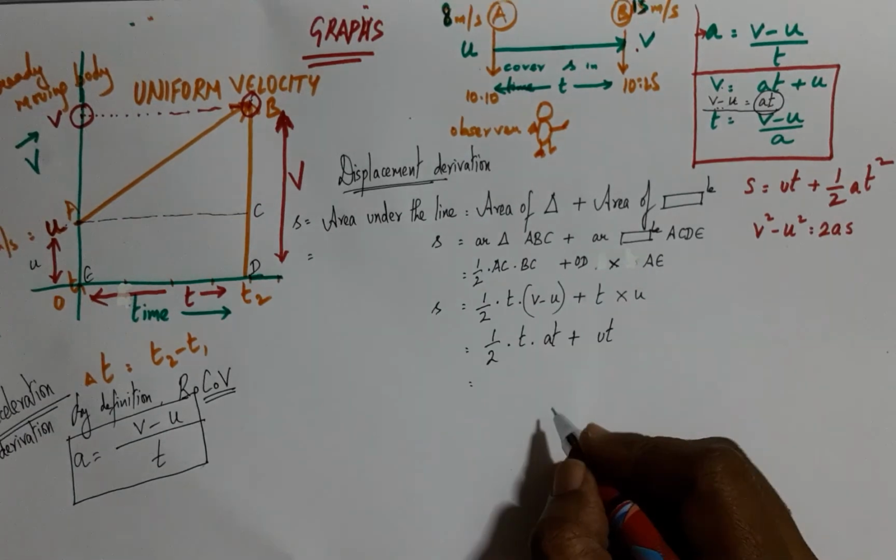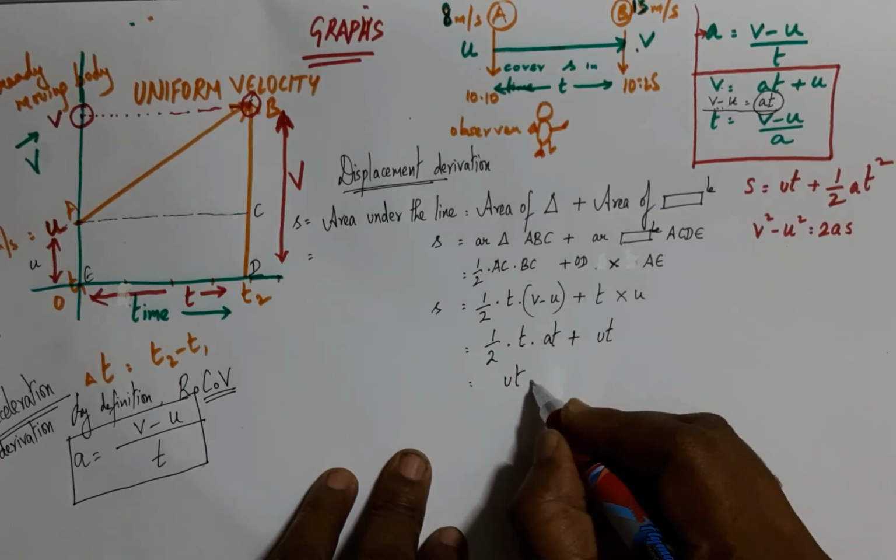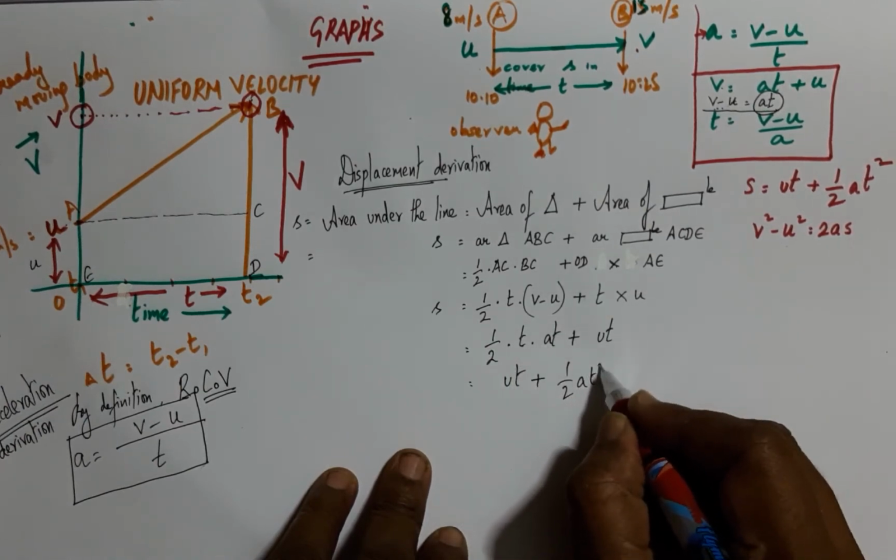Therefore, here we can simply write that T into T gives half AT square.